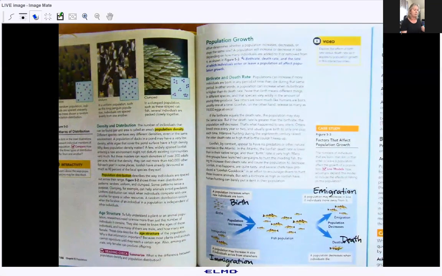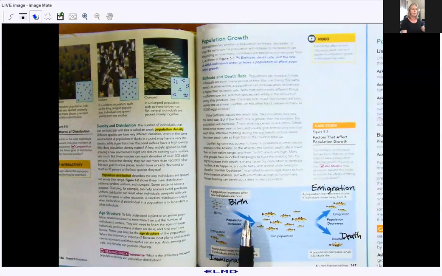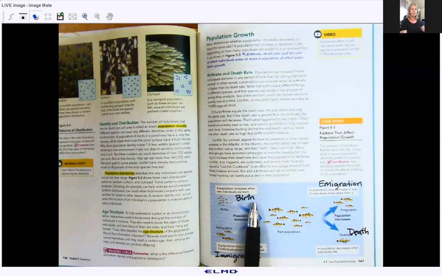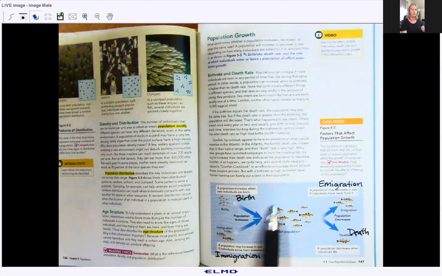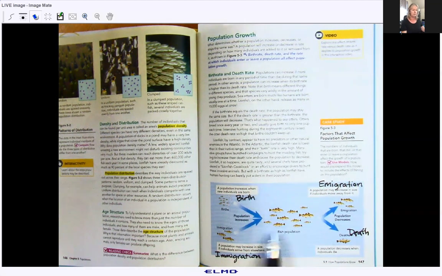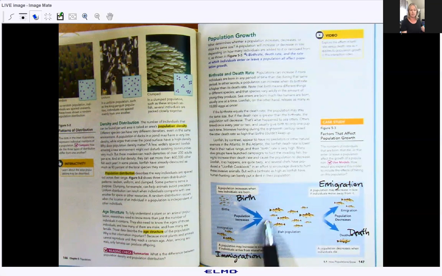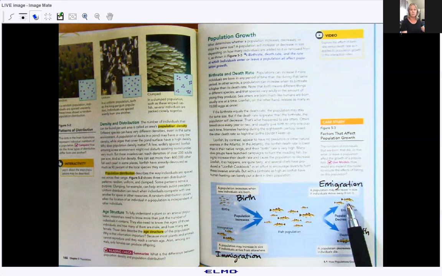Another thing we're going to look at is that birth rate can increase a population. Also, immigration, which is organisms coming into a population, can increase the population. Things that decrease the population would be emigration, which is when organisms leave, and then also the death rate.